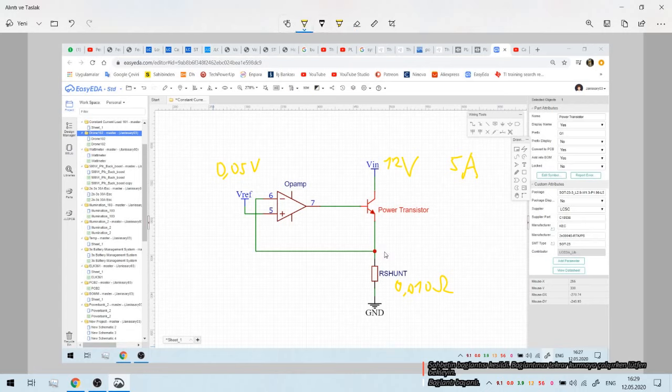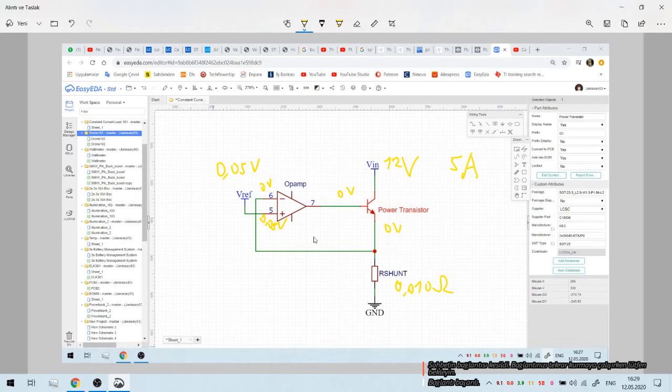And in the beginning there is 0 volt here, 0.05 volt here, and this is also 0 volt. BJT base emitter current is not flowing because this is also 0 volt. Everywhere is 0 volt now.